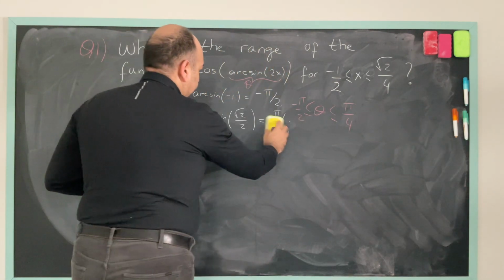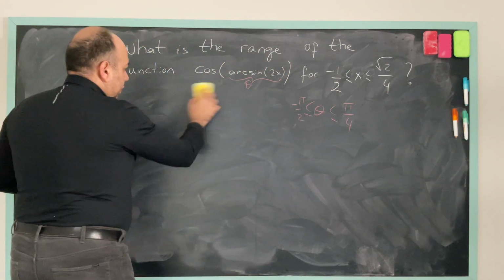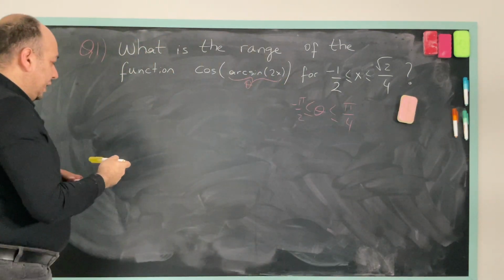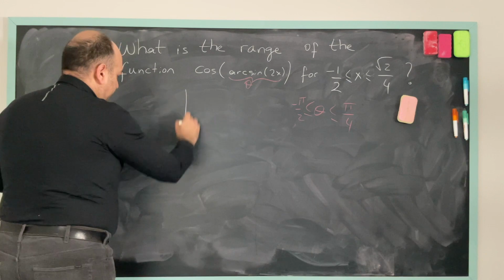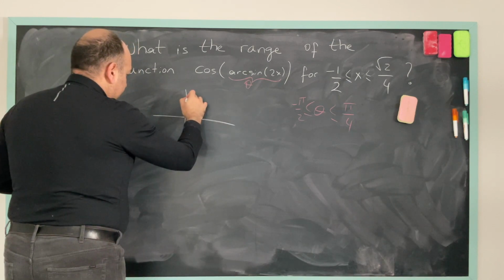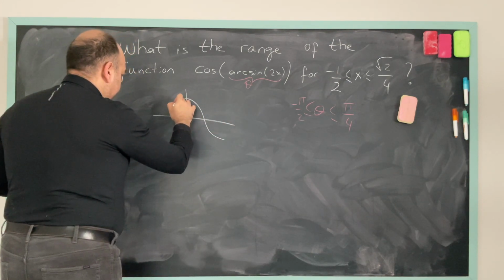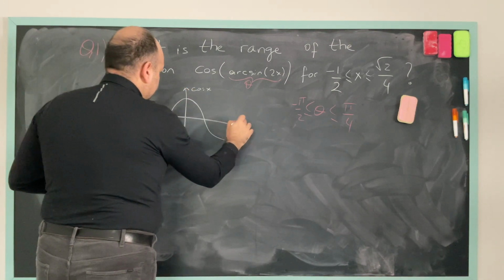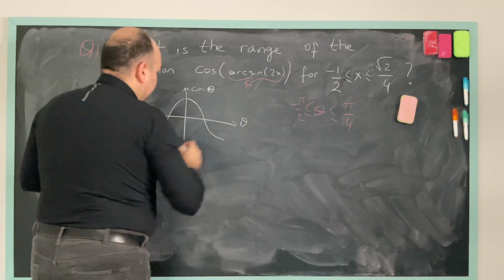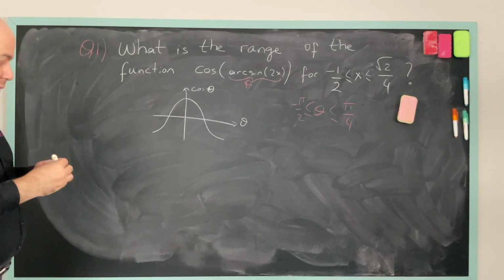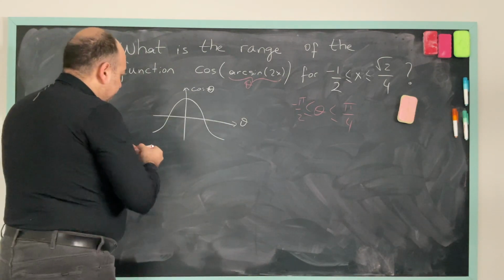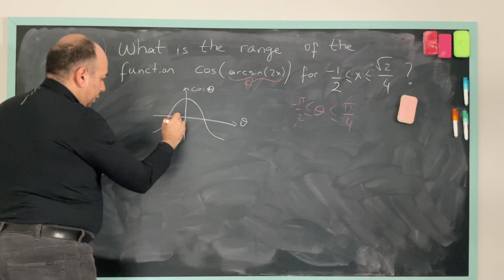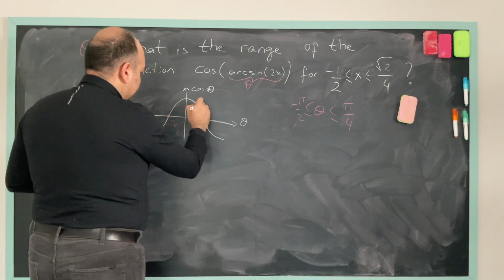So this is clear. Now we look at the cosine function. So we need to plot the cosine function. The cosine function looks like that, right? Let's say cosine theta versus theta. So minus pi over 2 is over here, and pi over 4 is somewhere here, right?